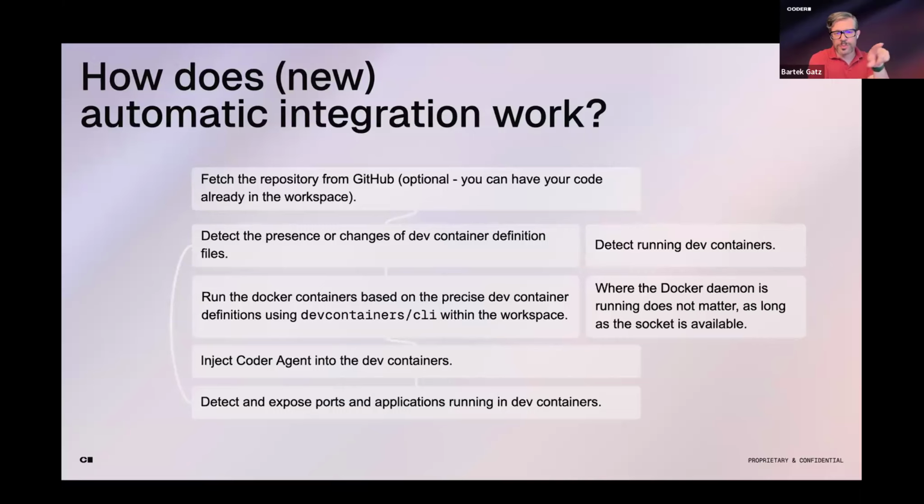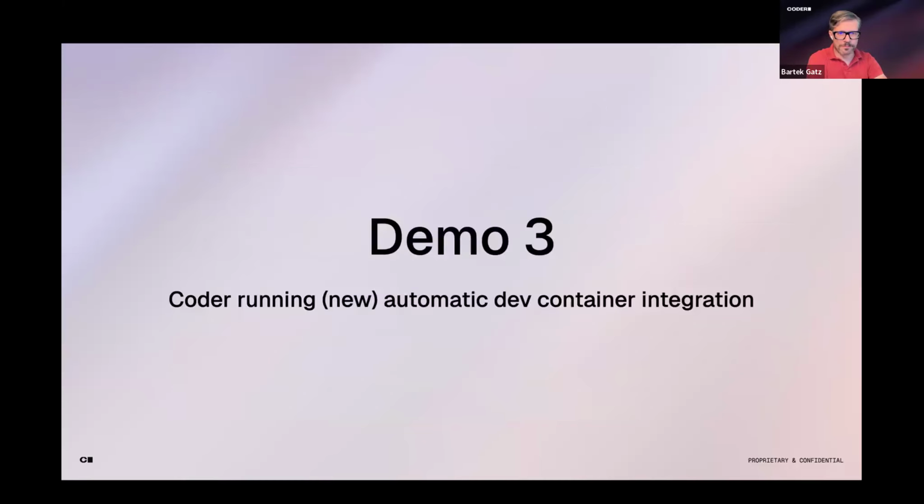And then the loop goes back. So again, the agent in the parent workspace detects all the changes in the dev containers. So then the process of potentially rebuilding and restarting the dev containers can be streamlined within the workspace itself.